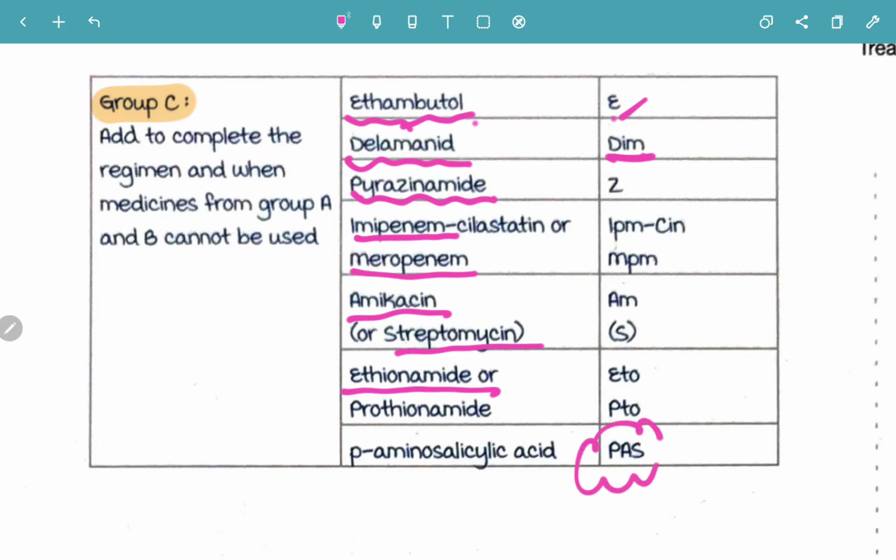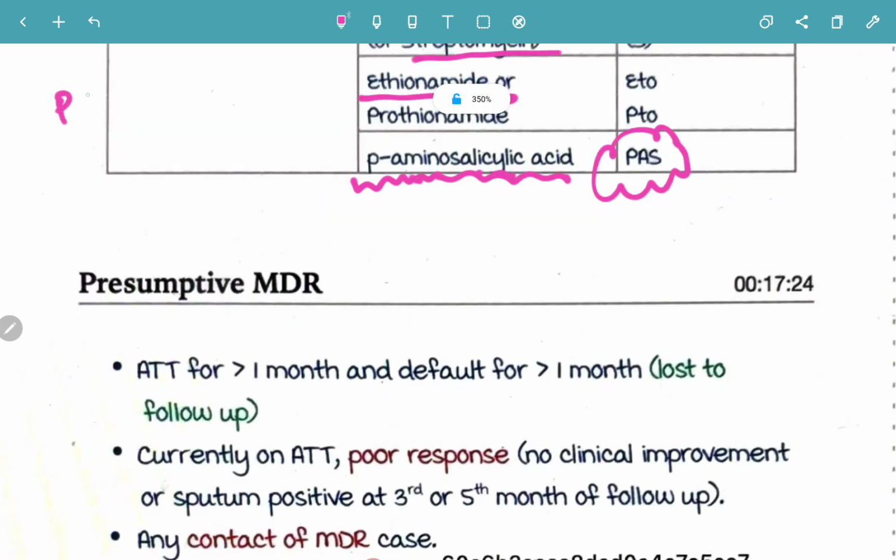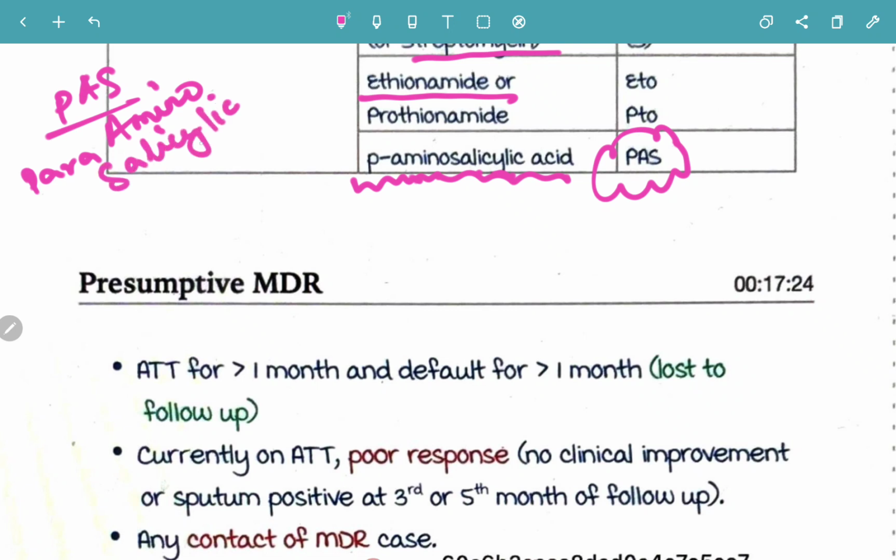What is PAS? This is something new. New drug. PAS stands for para amino salicylic acid. So para amino salicylic acid is a group C drug.